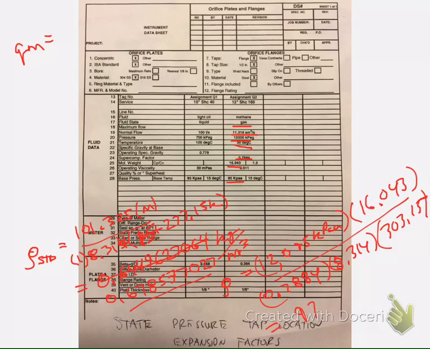And at flowing conditions, we're at 97.65112429 kilograms per meter cubed. So we've got our values. Let's just have a quick peek here. We should be able to start running our program now.